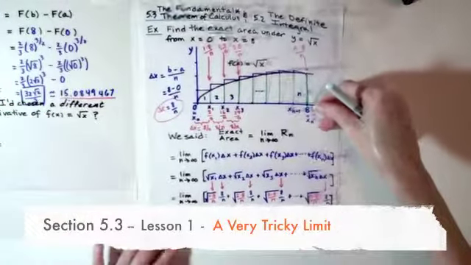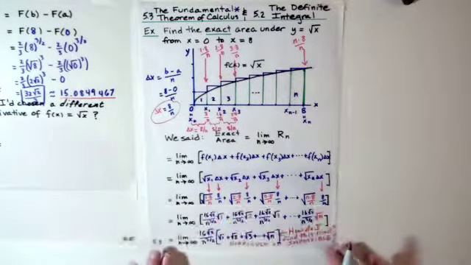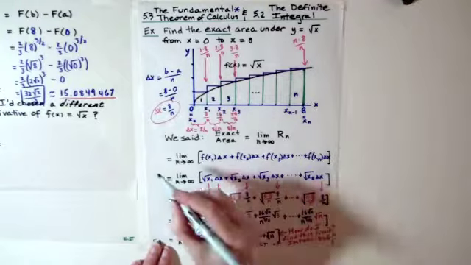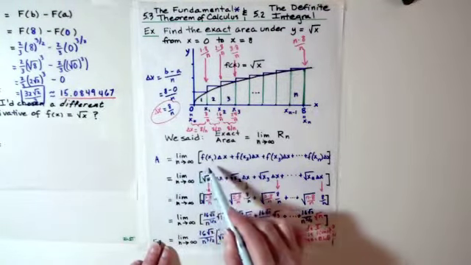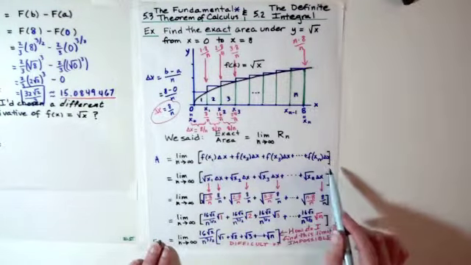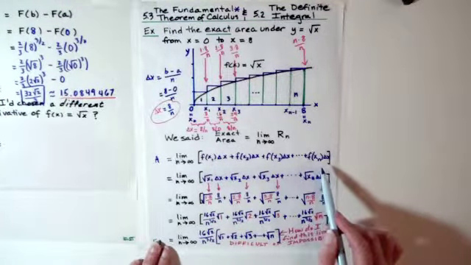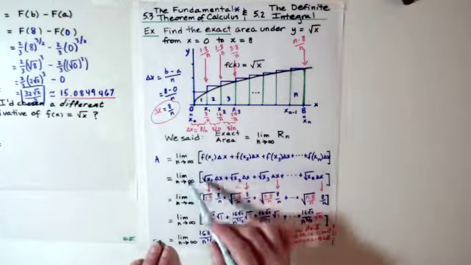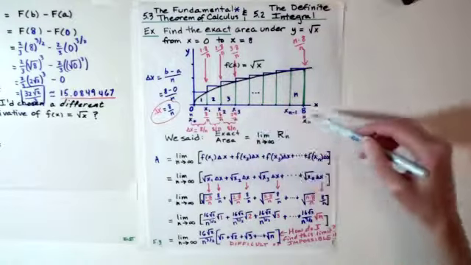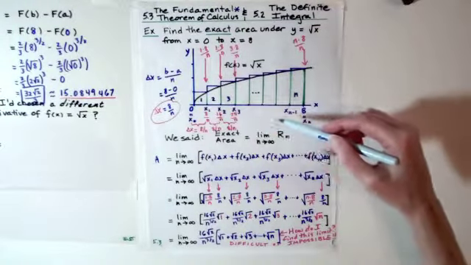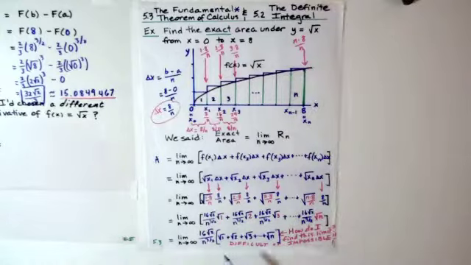Remember that at the bottom of the first page of this section, we said, if we wanted the exact area, we had to take the limit as n went to infinity of the sum of the f of x i's times delta x, the sum of the R n's. We did a bunch of algebraic manipulation, cutting all this stuff up and writing all of the x1 and x2's in terms of n. It was a lot of work just to get to this, but then we were left with this really difficult, or perhaps impossible, limit to try to find.